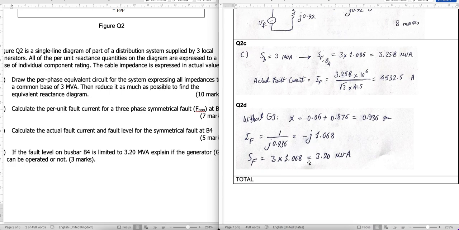So without G3, that is 3.20, and if the limitation is 3.20, that is exactly the limitation. So that means you should exclude this G3.